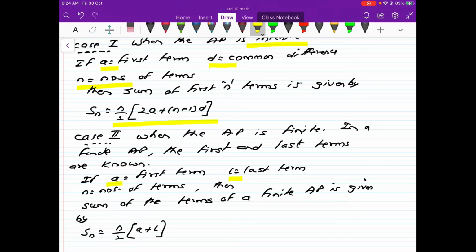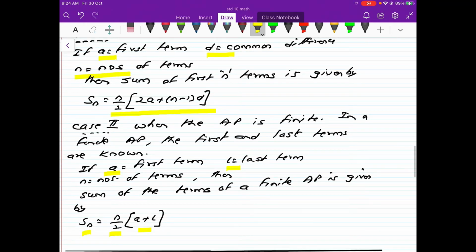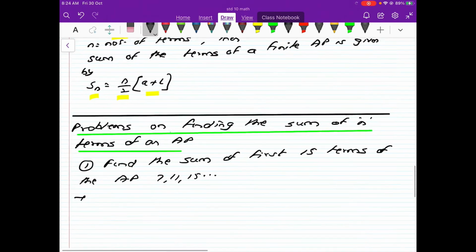If I want to find the sum of all the terms of an AP, then it is simply Sn is equal to n upon 2 into (a plus l), the first plus last term. So this is a much simplified formula.